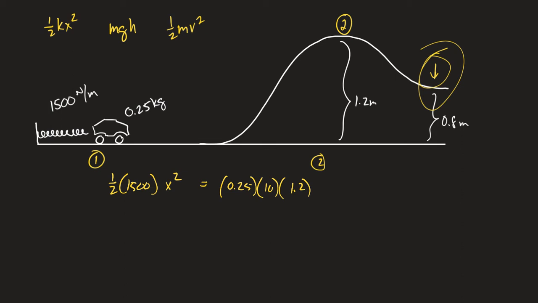So working out how fast it's going over here, we actually didn't have to use the spring at all, did we? I also want to point that out. It's not necessary to know how far the spring was pulled back to realize that this also has to equal 0.25 times 10 times 0.8, the potential energy it has there, but it also is going to have some residual kinetic energy.